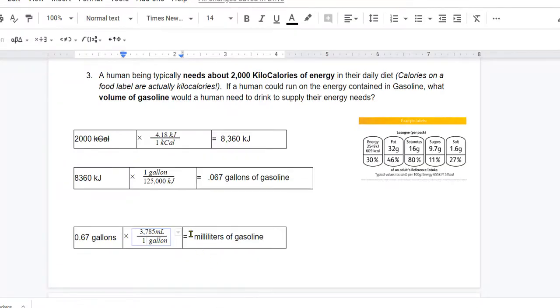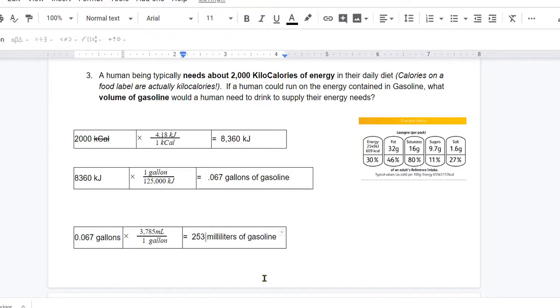Okay, I made an error here, didn't I? Bad me. It's 0.067 gallons, not 0.67 gallons. Okay, that's already on my calculator, which makes it easy. 3,785 milliliters. 253 milliliters is my answer.